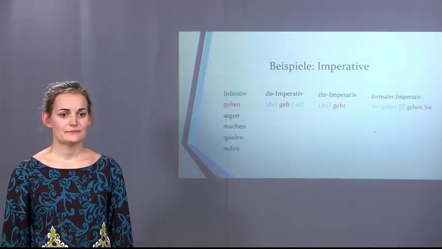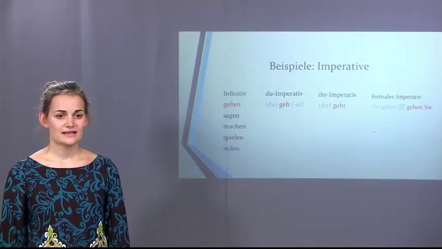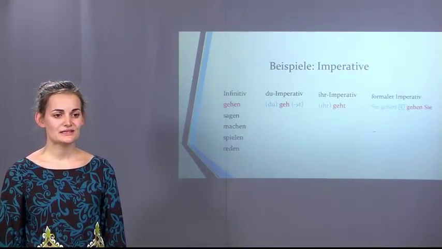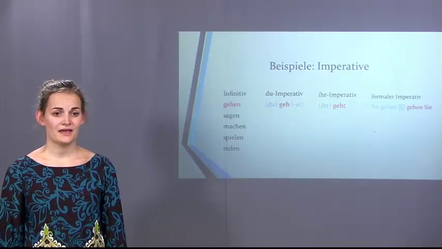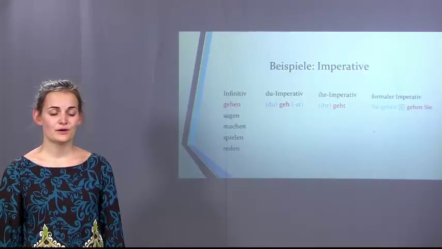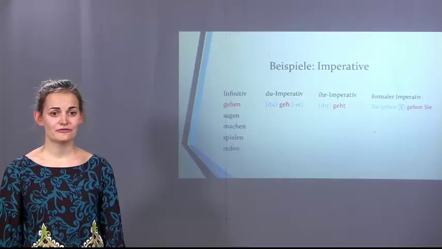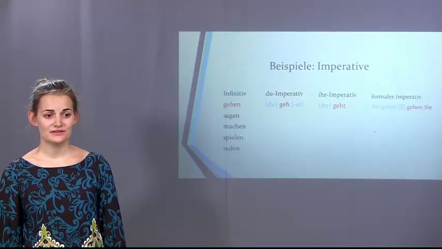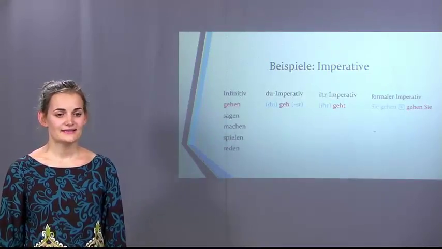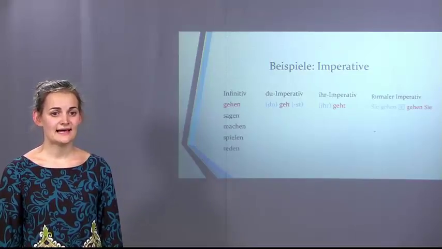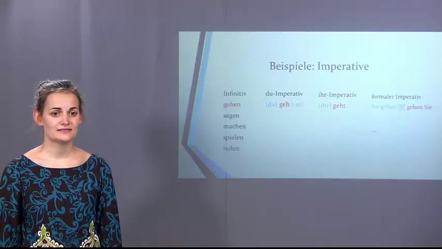Let's look at some examples. So in the first line in red and blue, you see our example of to go. And you see the du imperative, where the red is the form of the imperative, and in blue you see the previous present tense. Now, let's look at some regular verbs. We have sagen. In the du imperative, it is sag.